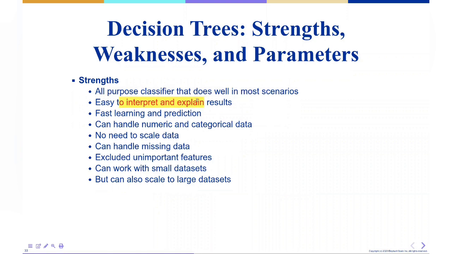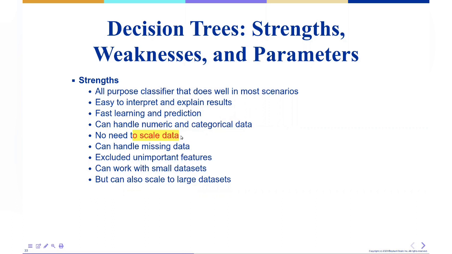There are no magic formulas, no complicated formulas. It's very easy and very fast. Trees can also handle both numerical and categorical data, meaning they can do both regression and classification. Pretty handy.